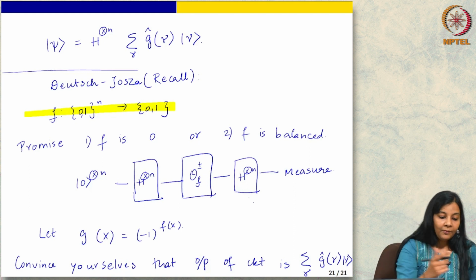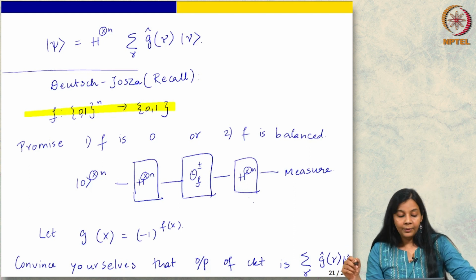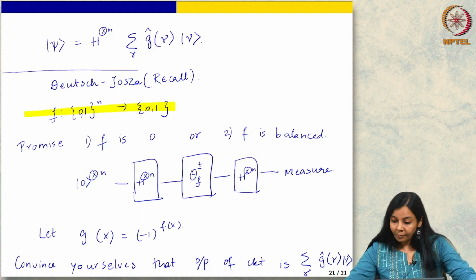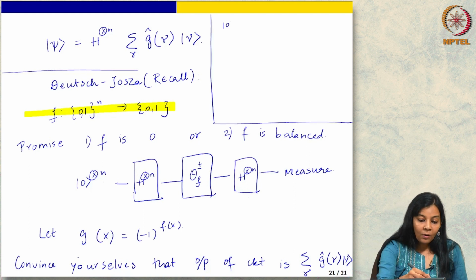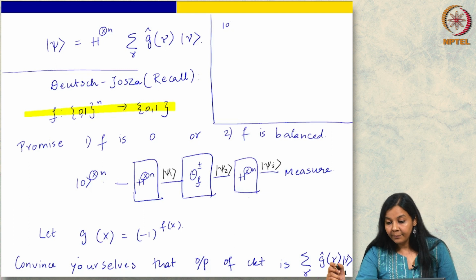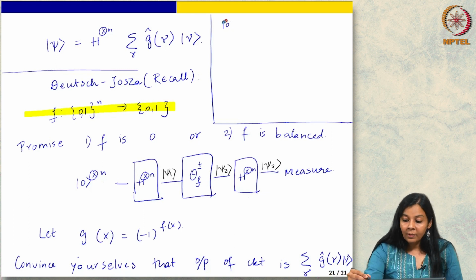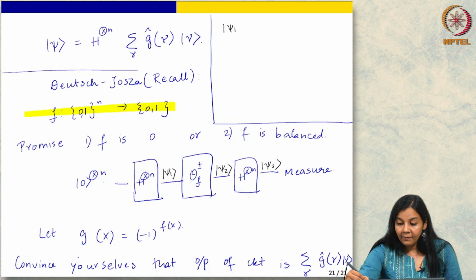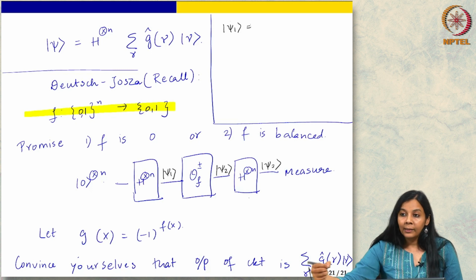so many of us are looking a bit lost. Maybe we can write this in a little bit more detail. Let me call this psi 1, this psi 2 and this psi 3. So now what is happening? Let us consider psi 1. What is psi 1?